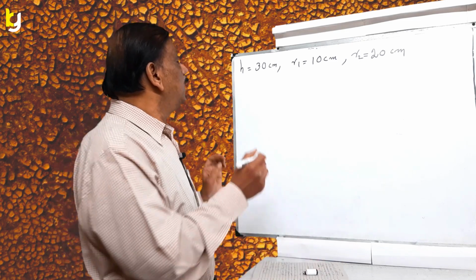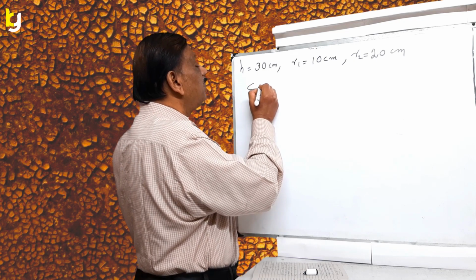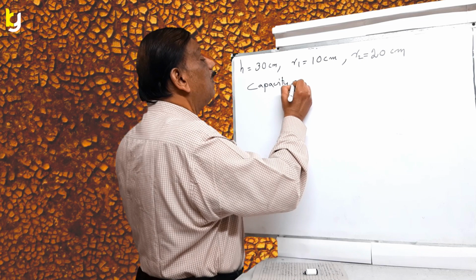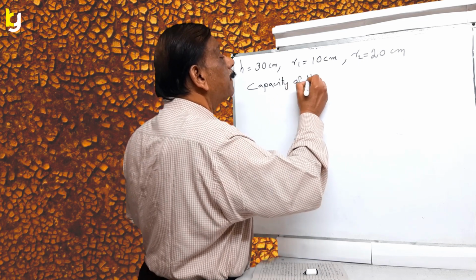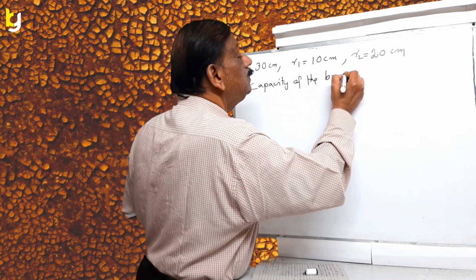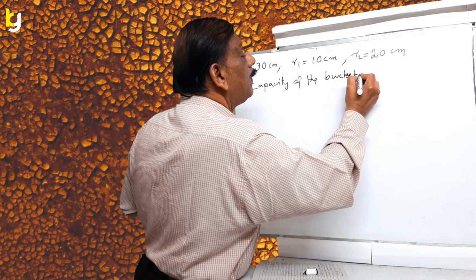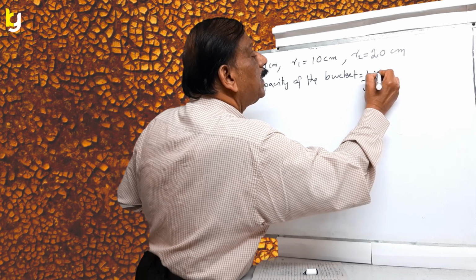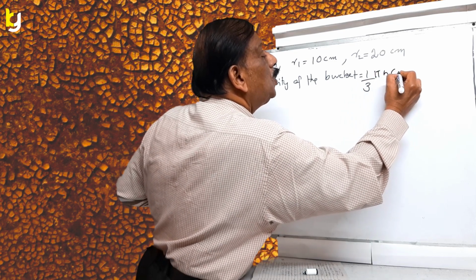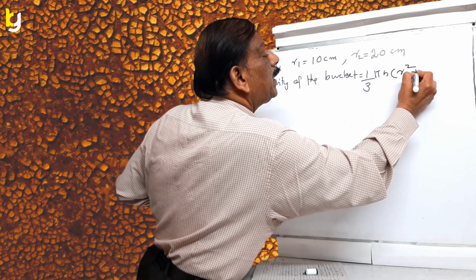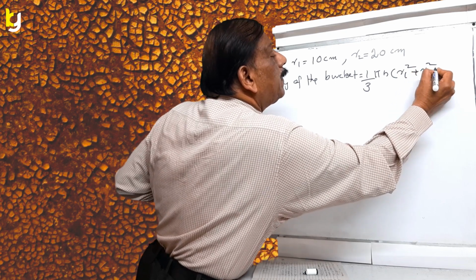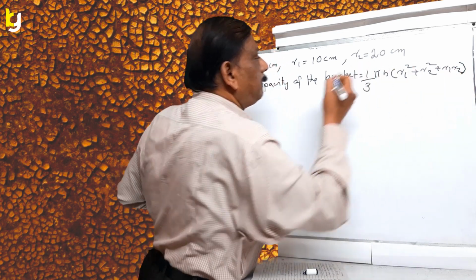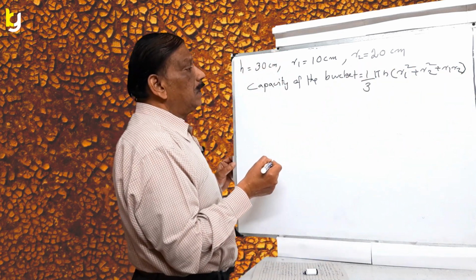Then the capacity of the bucket is equal to 1 by 3 pi h into R1 square plus R2 square plus R1 R2. Clear?